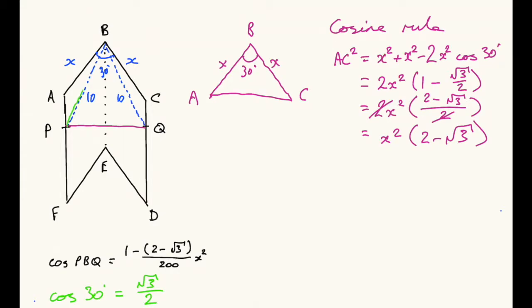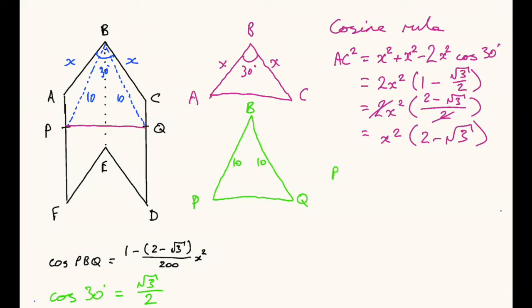So I have another triangle here, which is triangle PBQ. So let's just move that across and write on the letters. So we've got PBQ, and we know that this is 10 and this is 10. So I'm going to use the cosine rule again for a second time.